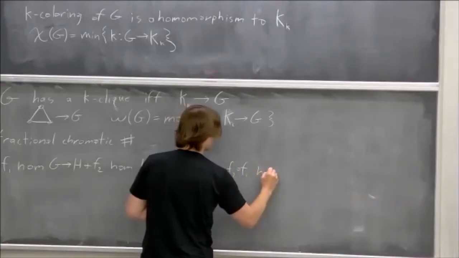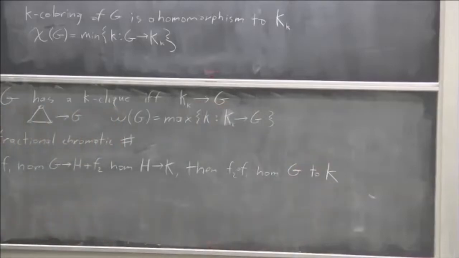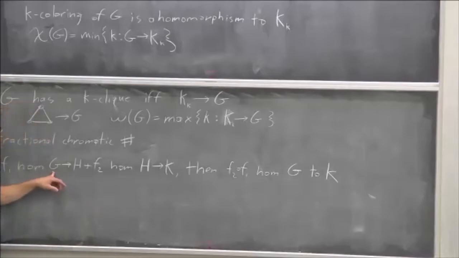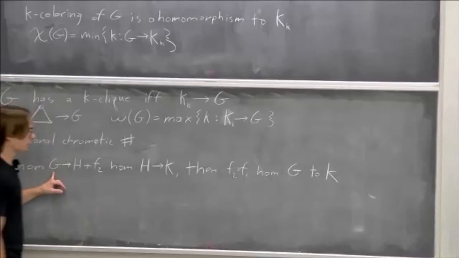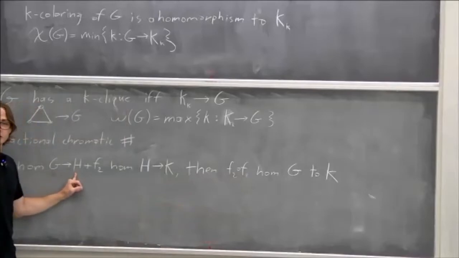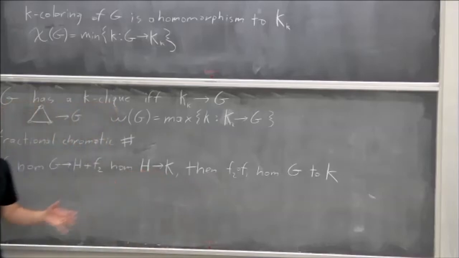This is a homomorphism from G to K. And this is straightforward, right? If I take two adjacent vertices in G, I first apply F1, so I get adjacent vertices in H, and then I apply F2, and I will get adjacent vertices in K, just by the definition of homomorphism. So we can compose them, and you can get some sort of category, if you're into that sort of thing.